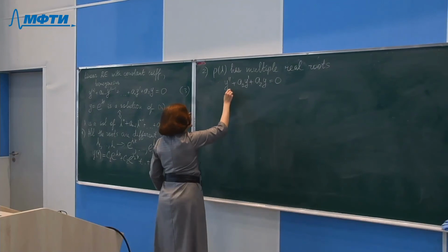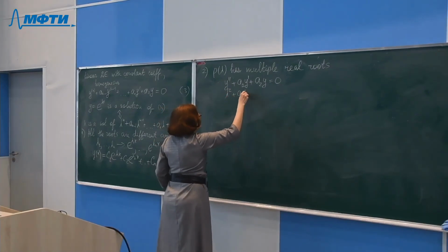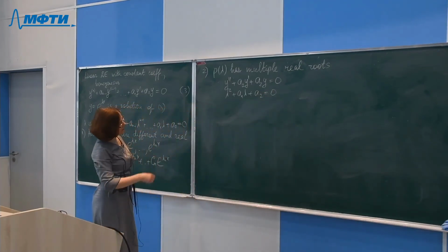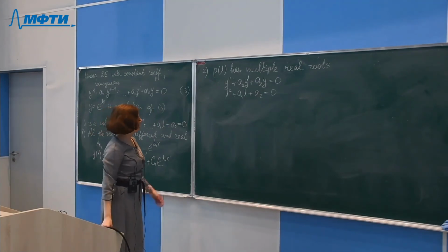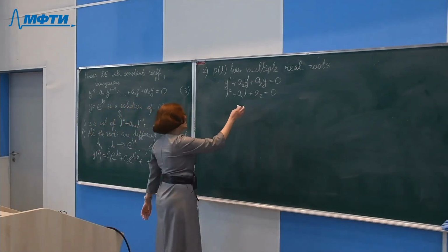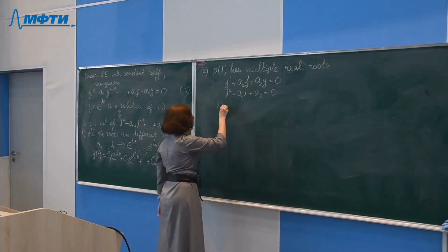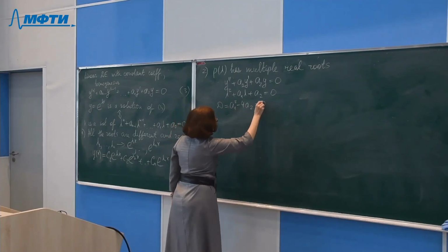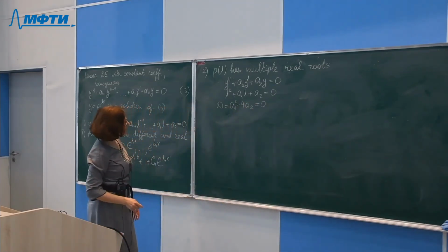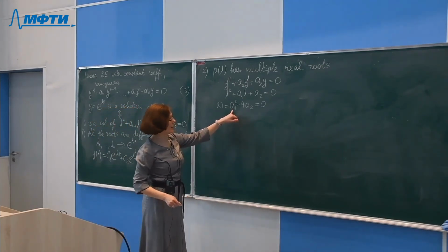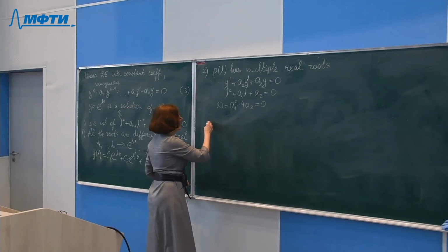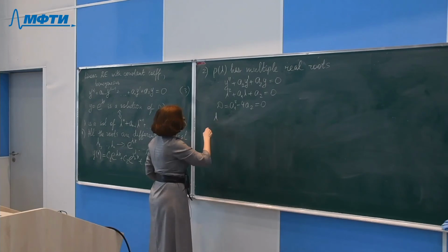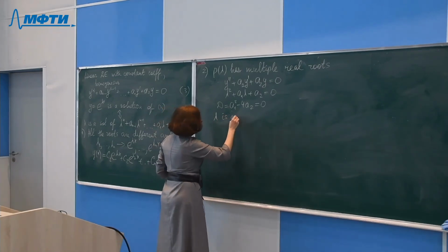And the characteristic equation lambda squared plus a1 lambda plus a2 equals 0. Suppose it has a multiple root. Suppose that the discriminant, which is equal to a1 squared minus 4a2, is 0, and lambda is a multiple root.